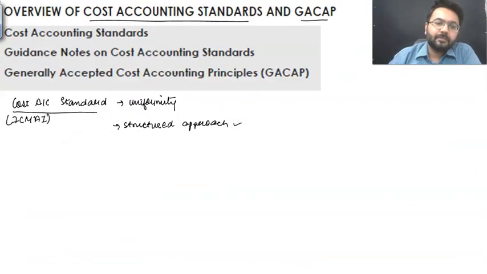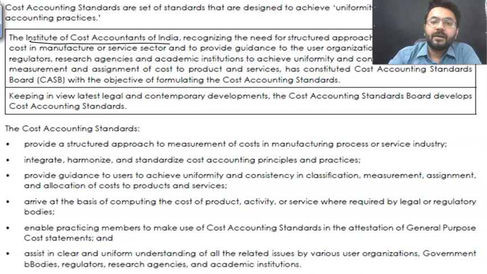It should not be that company A prepares its cost records in a different way and company B in another way. There should be a standardized approach so that when it comes to comparing things, doing assignments, or carrying out any analysis, you can easily analyze the various things done by a company itself.